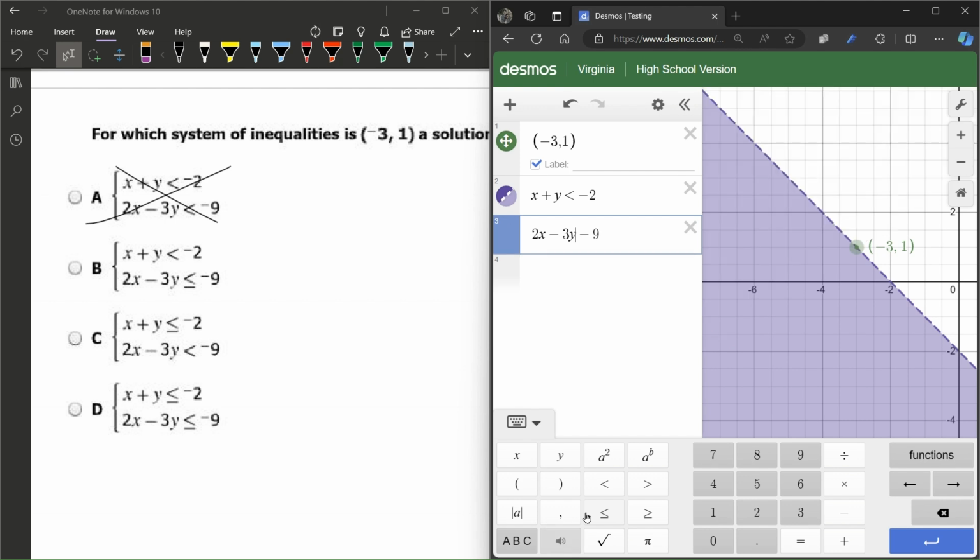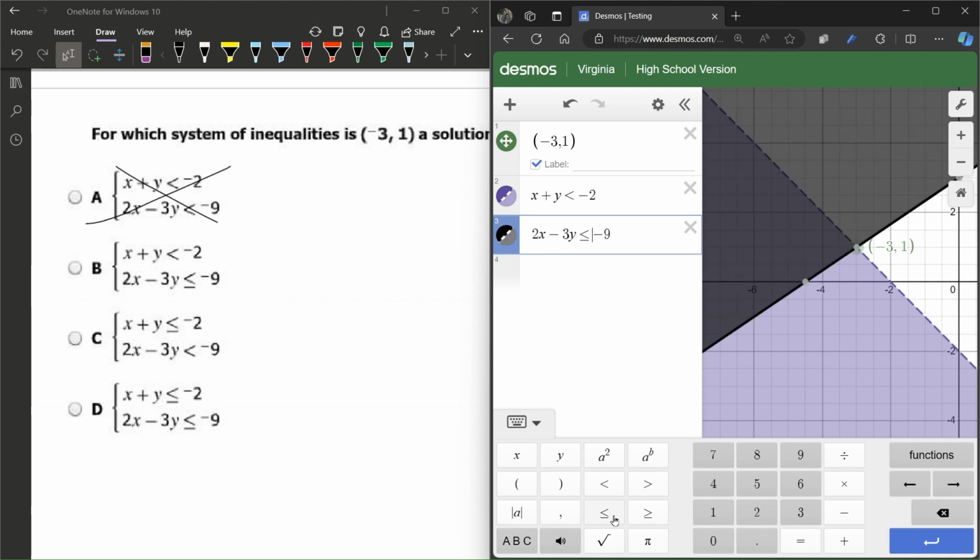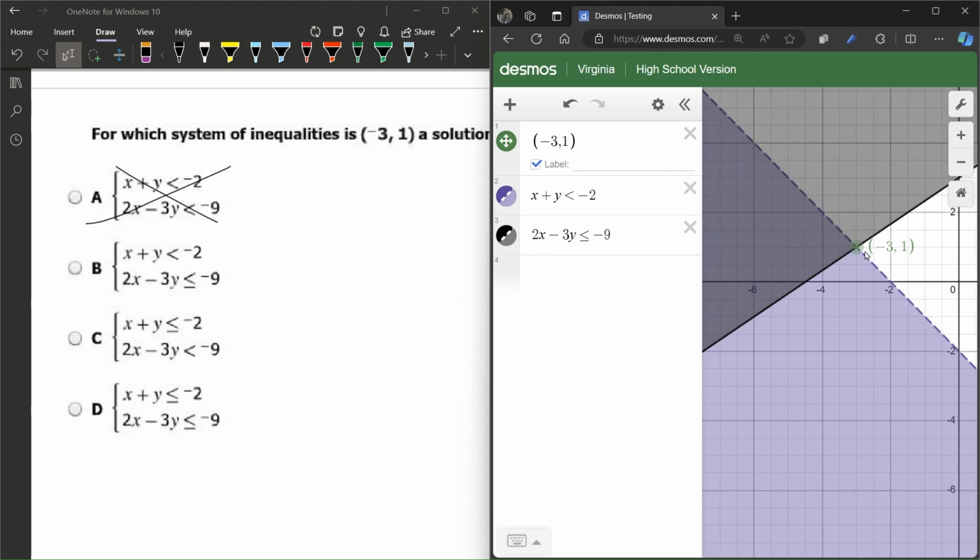So I'm going to take my less than and put in my less than or equal to. Now, one of my lines is solid. But again, this dot, (-3, 1), is sitting on both boundaries. This boundary is still dotted. So B isn't it.